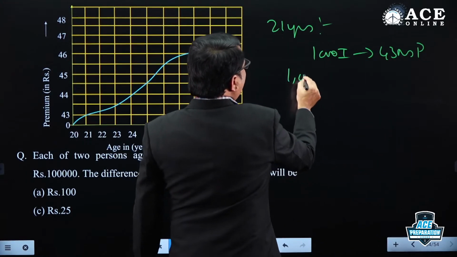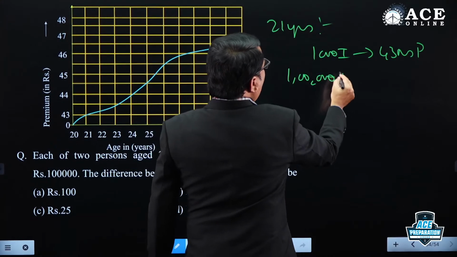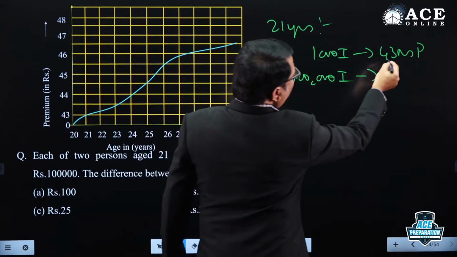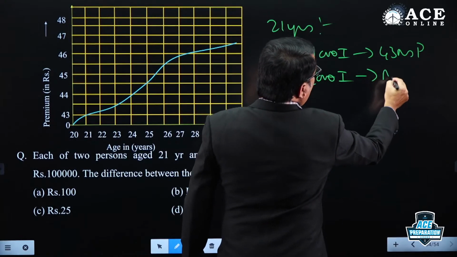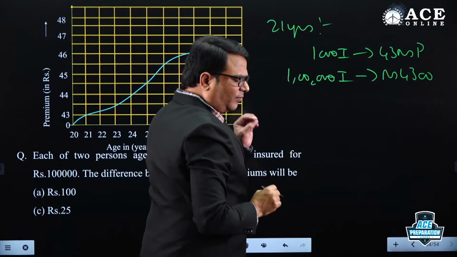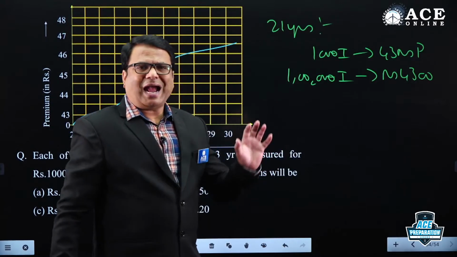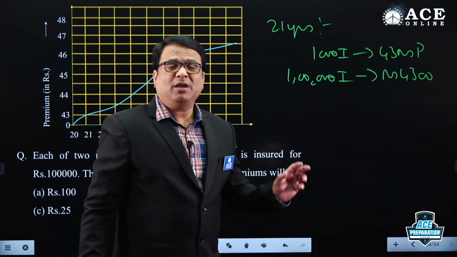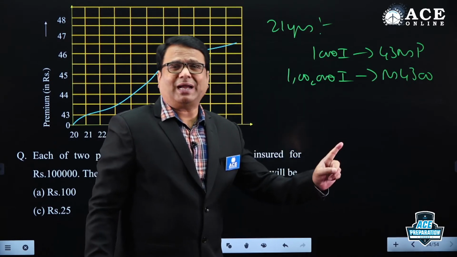So for 1 lakh insurance, this is 100 times, so this is also 100 times, rupees 4,300. So a 21-year-old person has to pay a premium of 4,300 rupees for an insurance of 1 lakh.